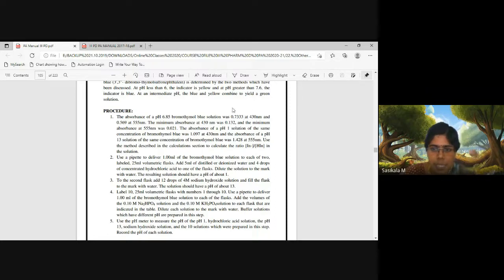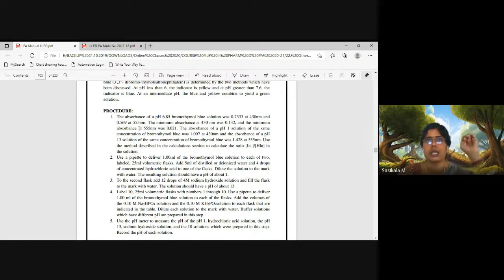This 0.733 is absorbance at 430 nanometer. Okay, so you will be analyzing bromothymol blue at 2 fixed nanometers. Nanometers are nothing but lambda max. So the indicator has 2 lambda max. How does it have 2 lambda max? It is based on its dissociation constant only.